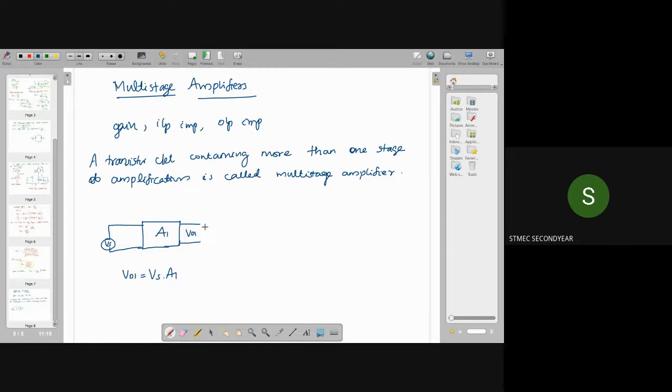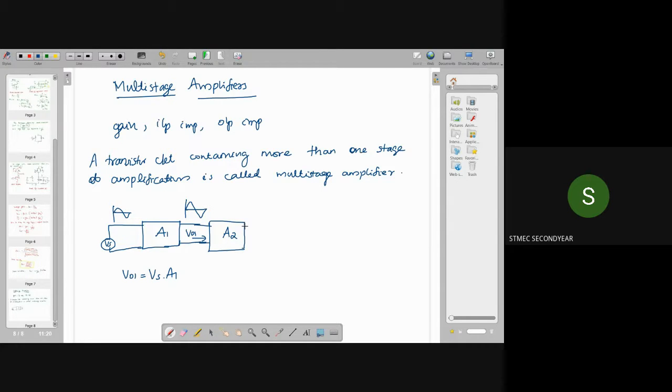This amplified signal, for example a sinusoidal signal, can then be given to the next stage of the amplifier. Here you can have the second amplifier, whose gain will be A2. So its input will be equal to the output from the first stage.